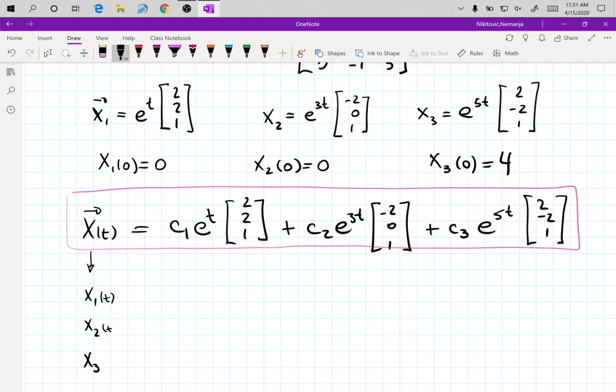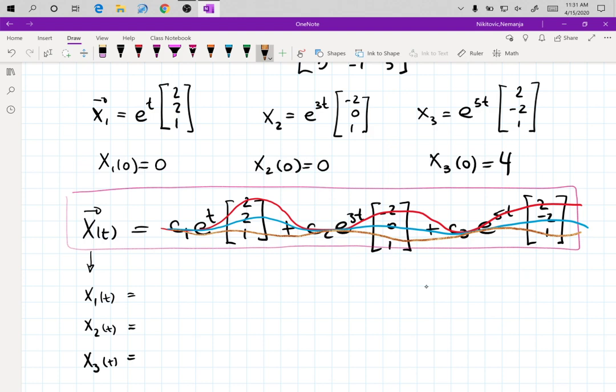Now we can also break this into three solutions like this. Again, you go first row, then you go the second row, and then you go the third row. That's the way you read these solutions. You just have to be very careful.